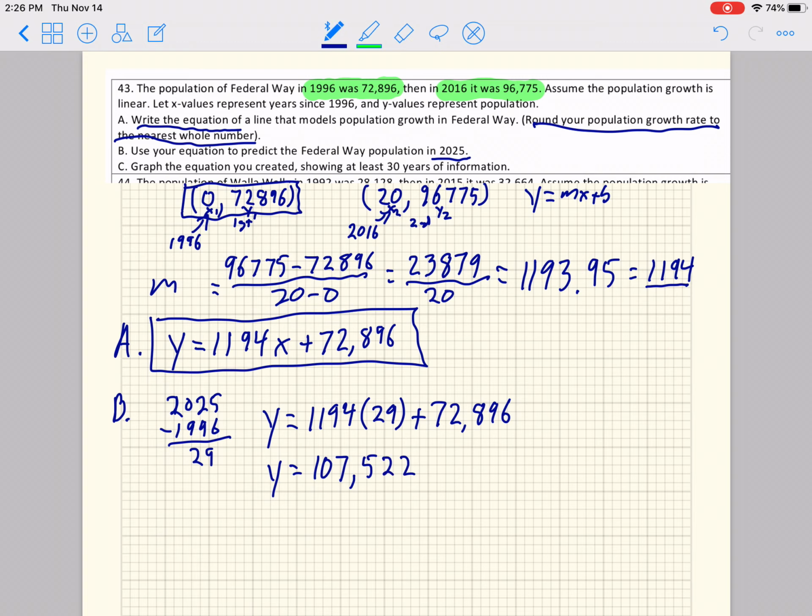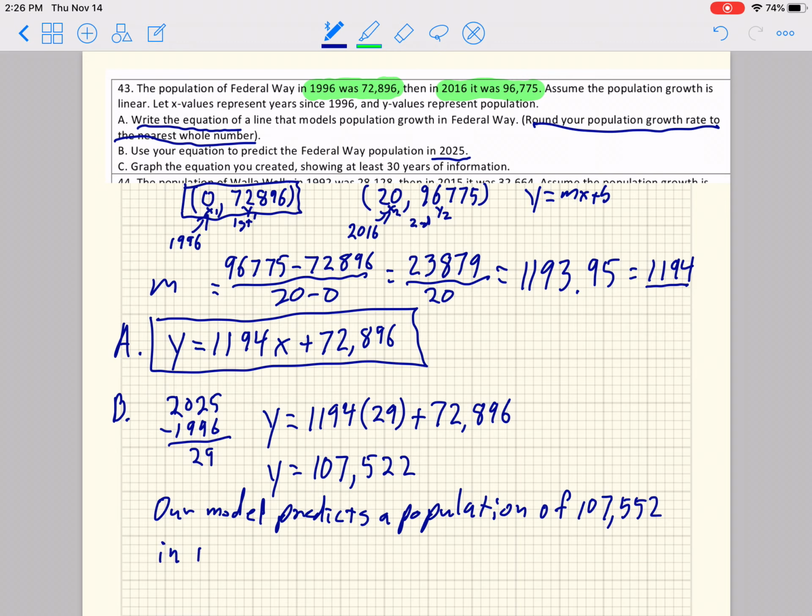So this is our model predicts a population of 107,552 in the year 2025.